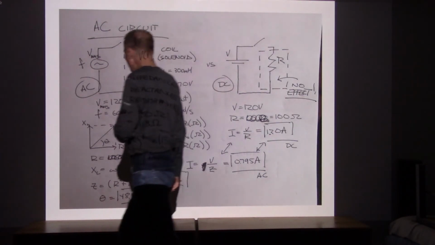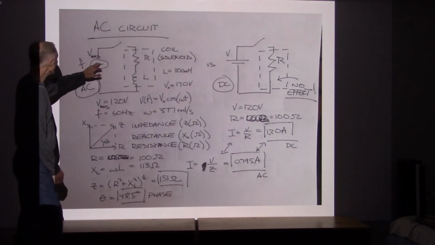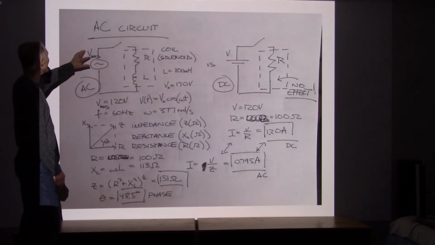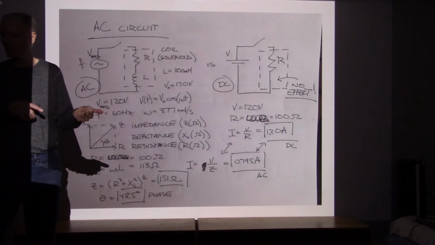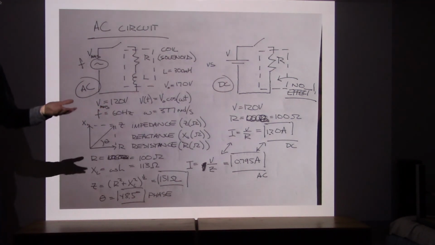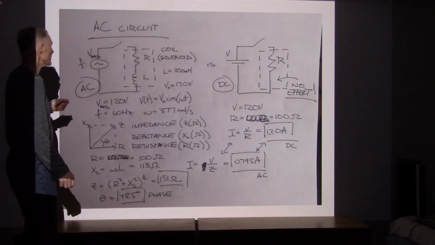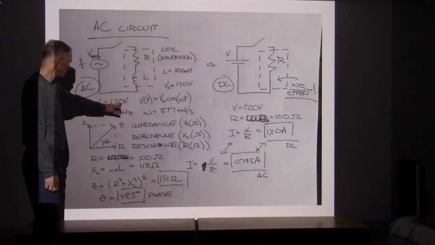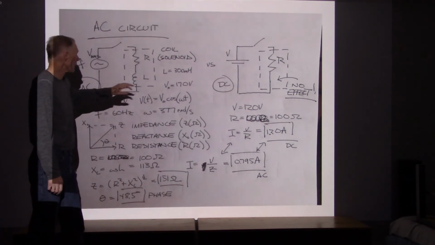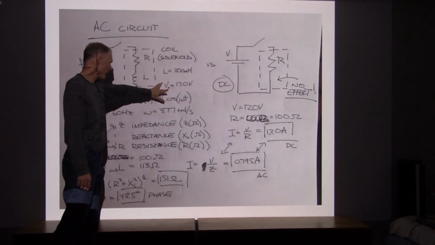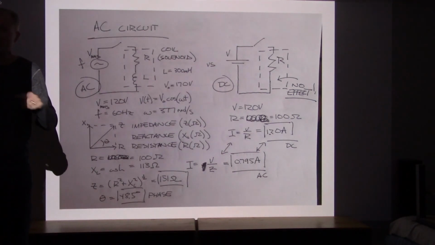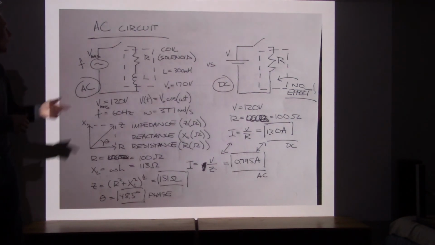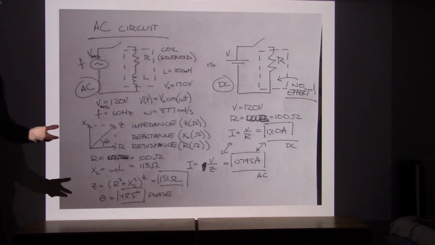So let's see. Here is an AC power supply that has a certain voltage. Now they're going to say let's work in terms of RMS values. That sounds fine. So the RMS value is 120 volts, and the peak value from the power supply is going to be 120 times the square root of 2, and that gives us 170. These are typical numbers.